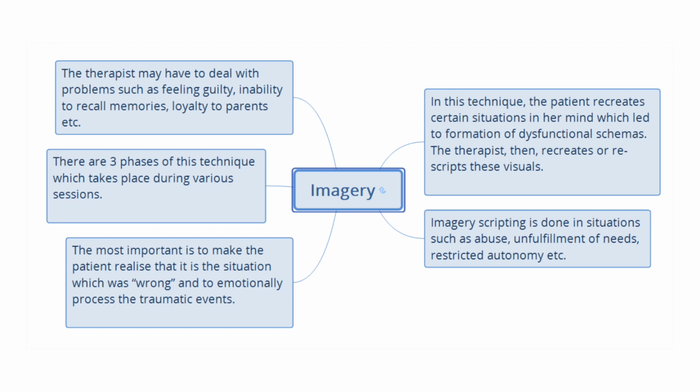In the end, the therapist checks if the little child has received the support she requires in order to meet her needs and to integrate this new experience into her schema. The therapist asks the patient to close her eyes again and describe what Big Nora did and how it made her feel.